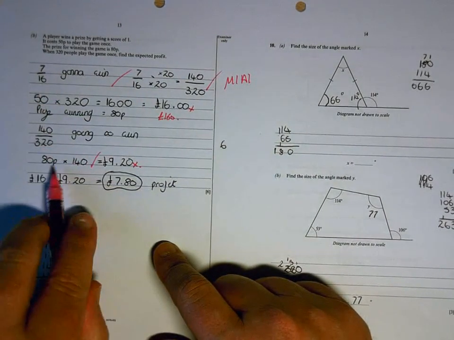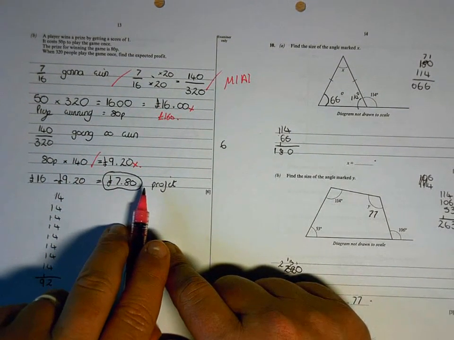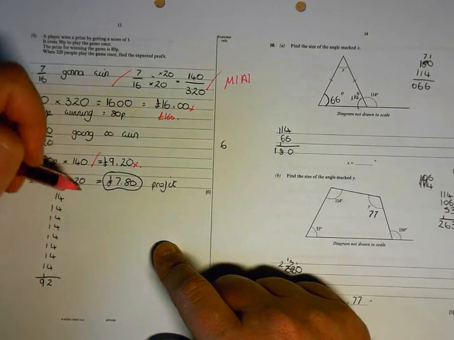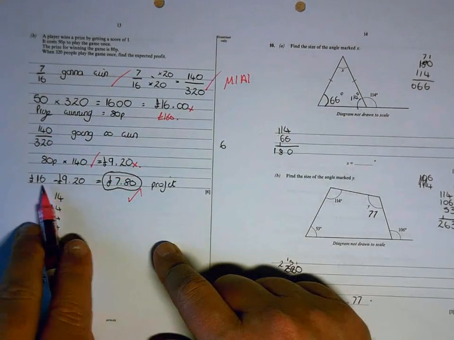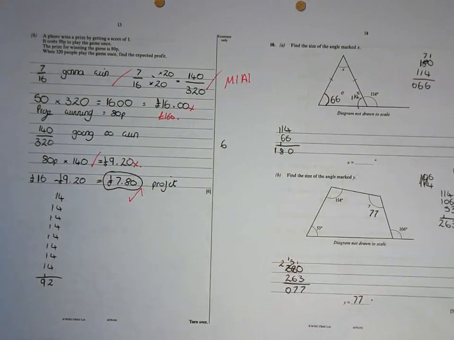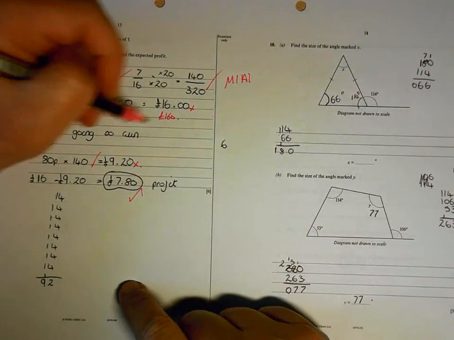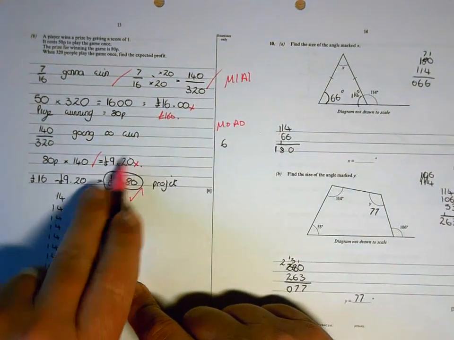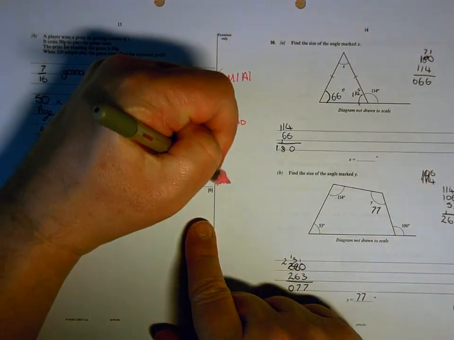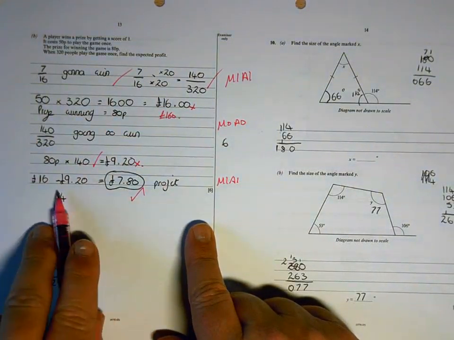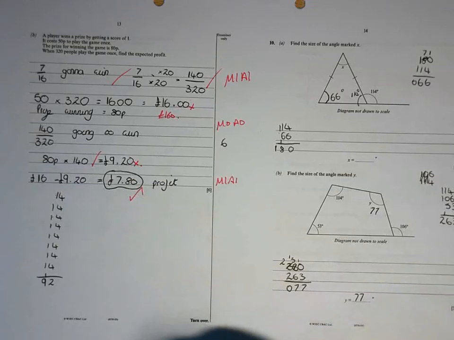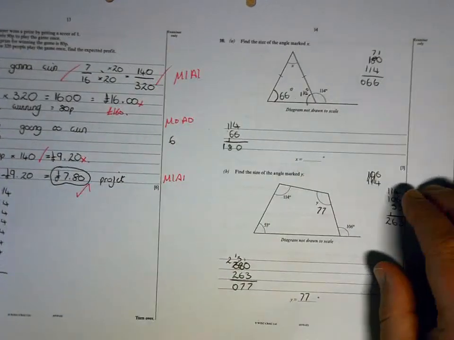It's the right method, but you've multiplied it incorrectly. And then you are working out a subtraction which is correct for your wrong calculations there. So you're going to lose the middle 2 marks because of those two being wrong, but then you will get the method for your final answer because you're then working with your wrong calculations.